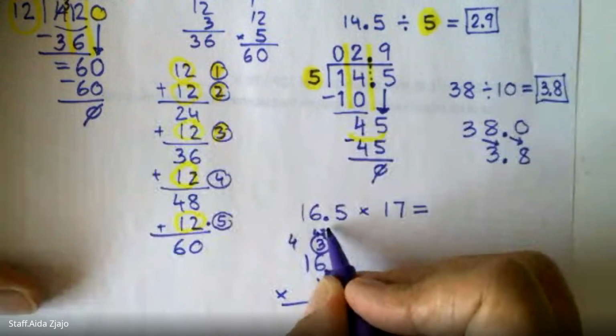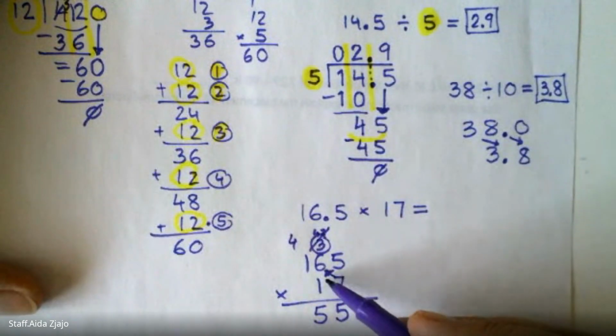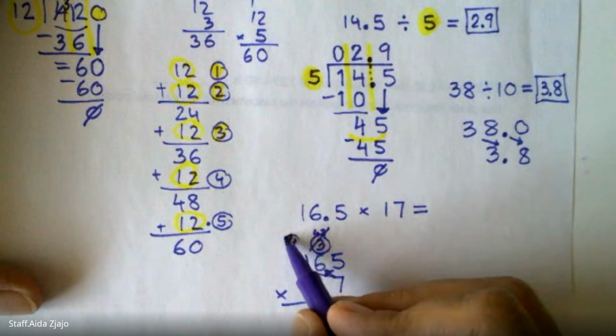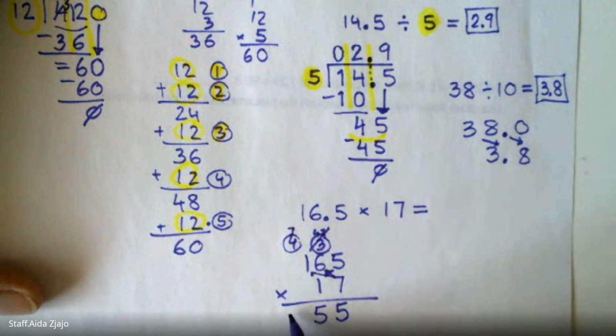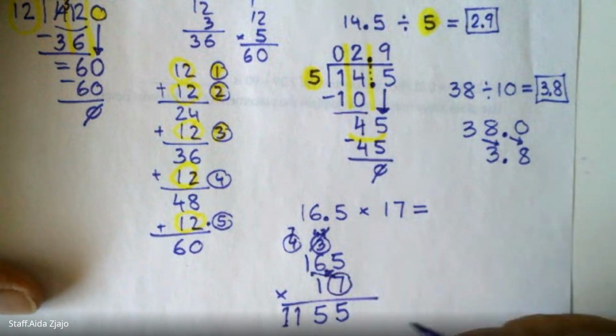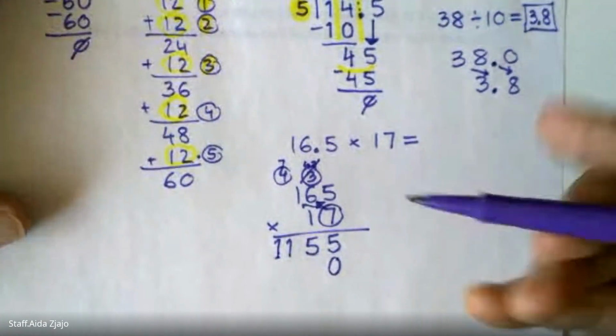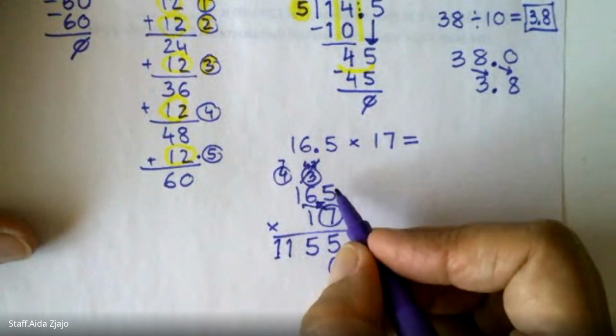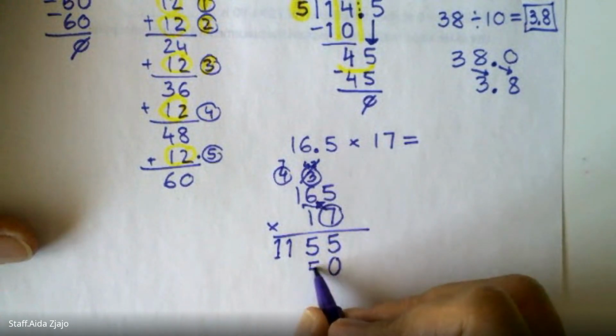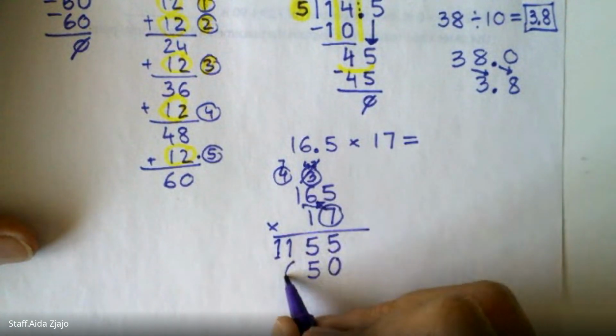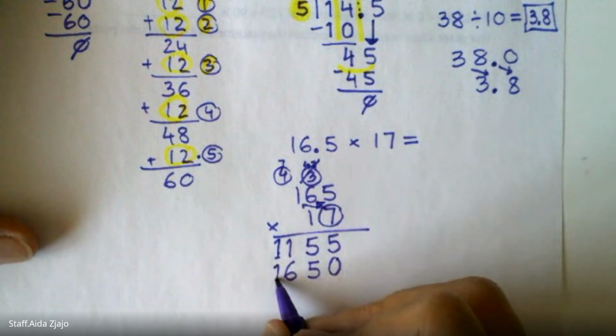Write 5, remember 4. 1 times 7 is 7, plus 4 is 11. And that is done with the 7 ones. Now we're going to do the tens. 1 times 5 is 5. 1 times 6 is 6. 1 times 1 is 1.